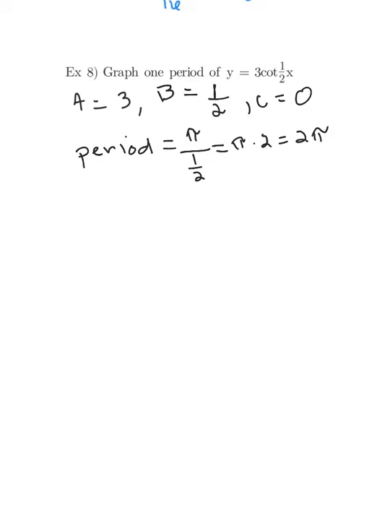So our new period length for this cotangent function will be 2 pi. The increments: take the period length you just found, 2 pi, divide it by 4, so our increment will be pi over 2. No phase shift on this because C is 0.